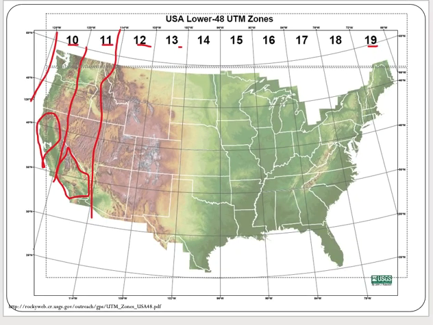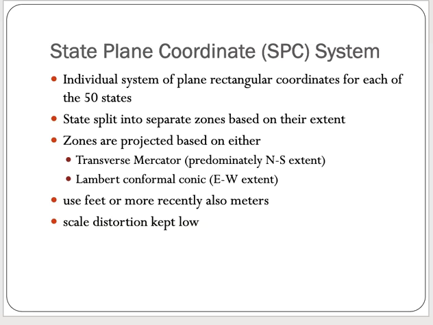So again, if your study area is Southern California, you want to use Zone 11 North. However, if you are in Florida, which is right here, you want to use Zone 17 North because 17 North is more appropriate for that location, and it's going to show that area more accurately.